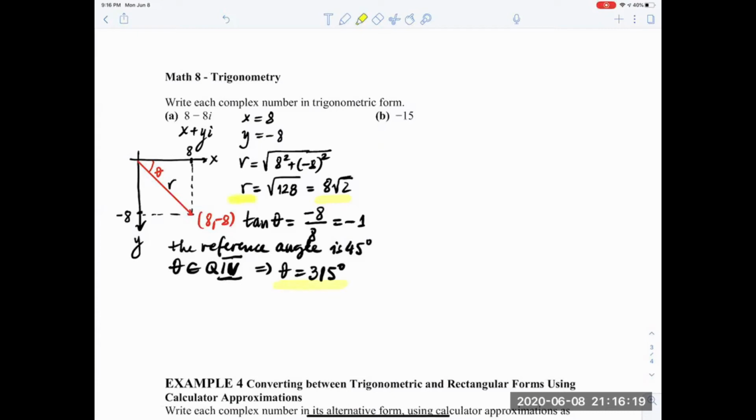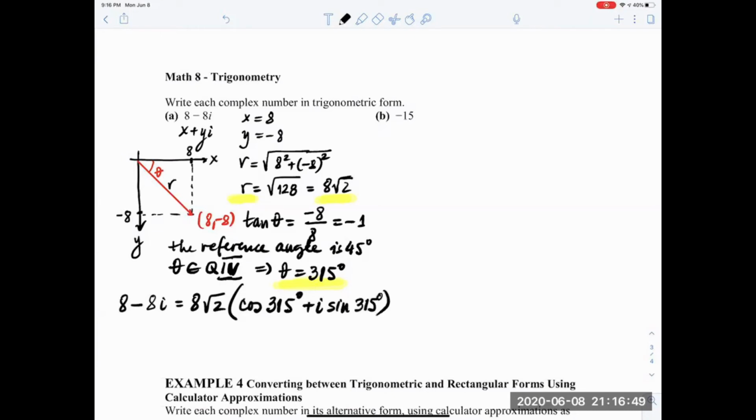So now you have all the data. You have r and you have theta. So you can write this in multiple ways. Essentially 8 minus 8i becomes nothing else but r, parentheses, cosine of the new theta plus i sine of the new theta. So my r was 8 root 2, parentheses, cosine of 315 plus i sine of 315.